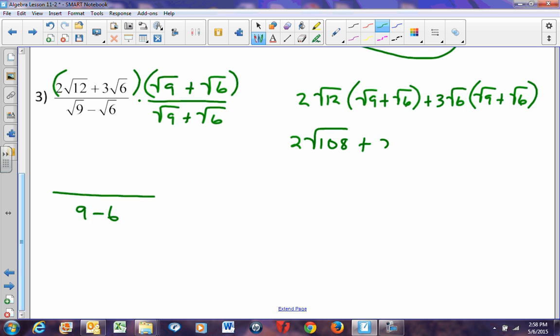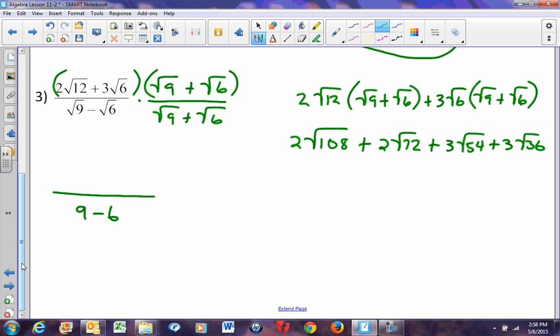Plus 2 square roots of 72. Plus 3 square roots of 9 times 54. Plus 3 square roots of 36. I'm going to simplify that in a second. So 108 has to simplify. We have to simplify before we can figure out if we have any terms that we can combine.